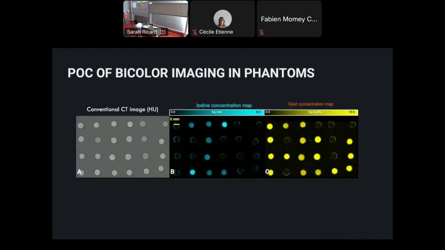Here, just to show that it's feasible to have the same image and still be able to know what is the concentration of this element.